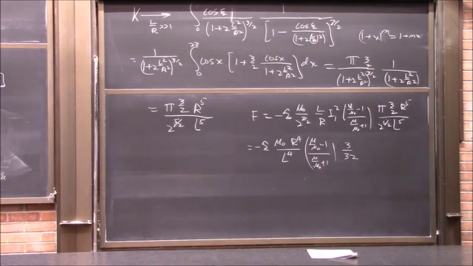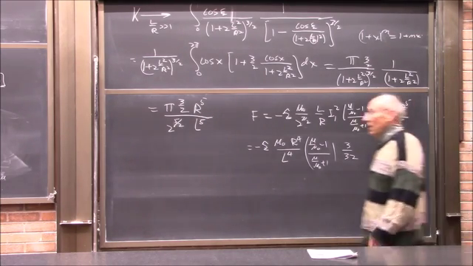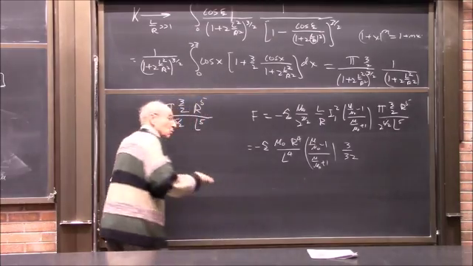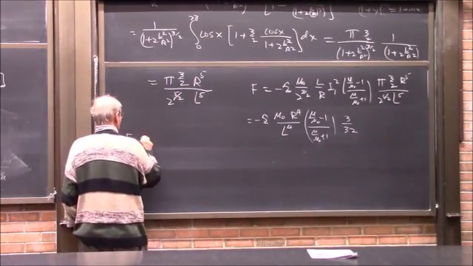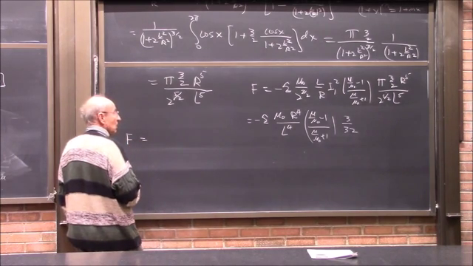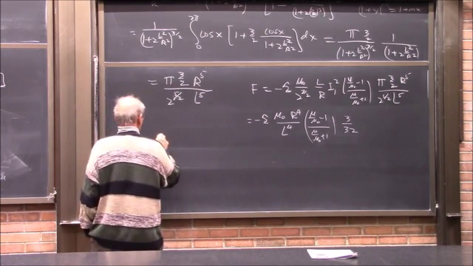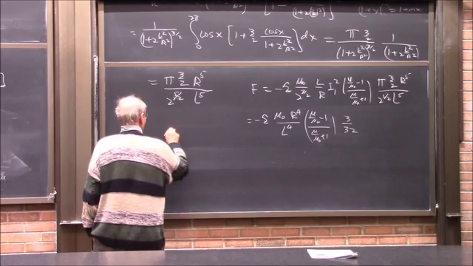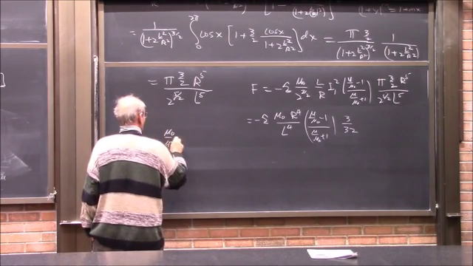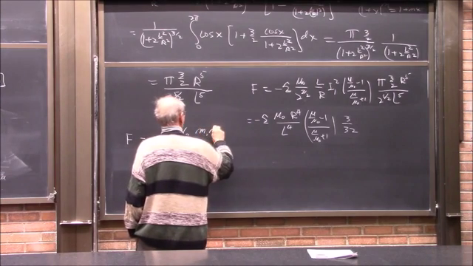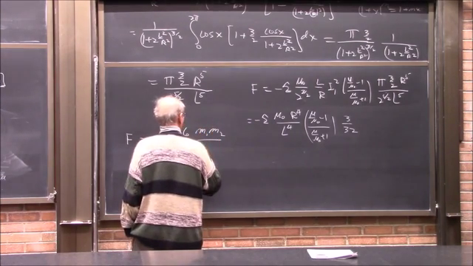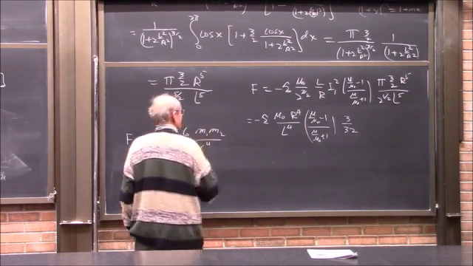But we've already worked out what that force was. We did that earlier. We found the force between two dipoles. And when they're lined up the way these are, it would have been attractive. It was mu 0 over 4 pi times 6 times the dipole of the first, the dipole of the second, over the distance between them to the 4th power.